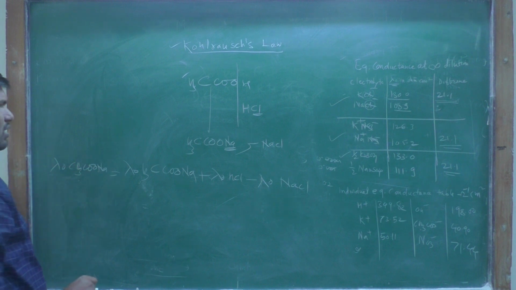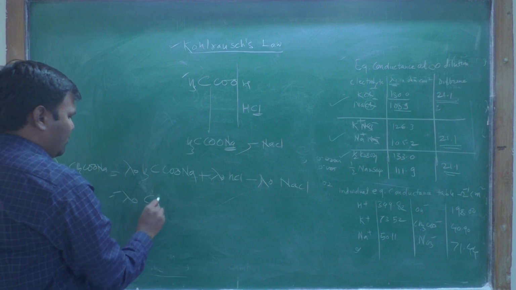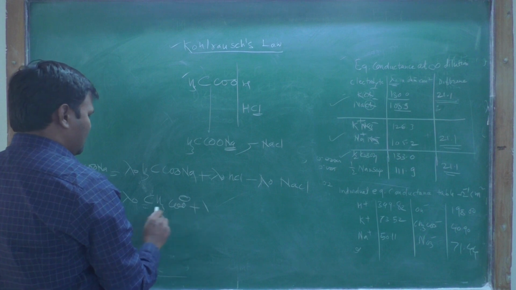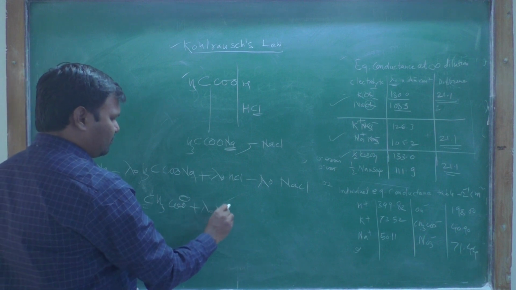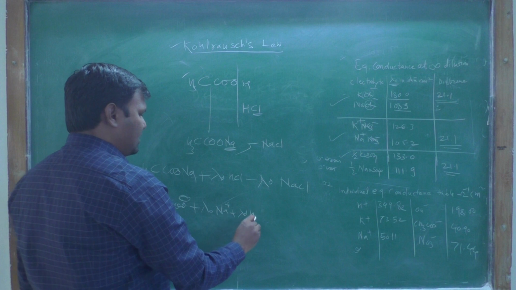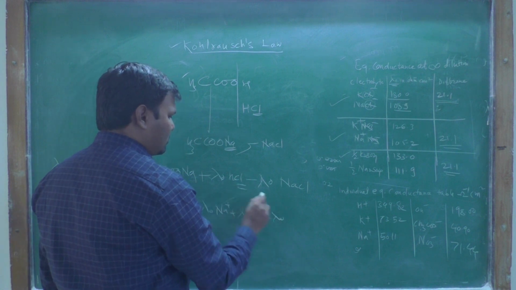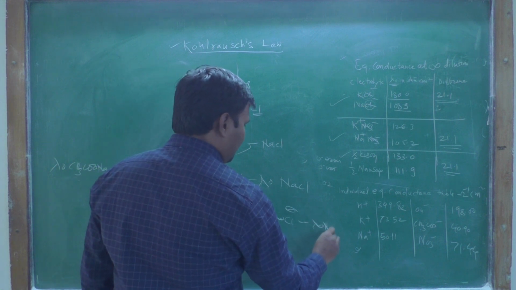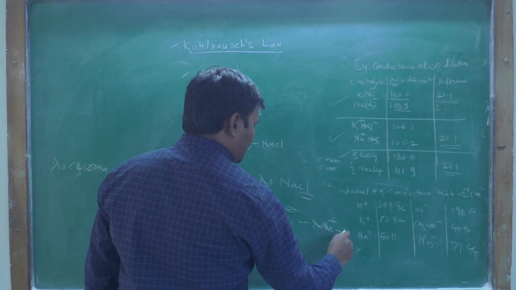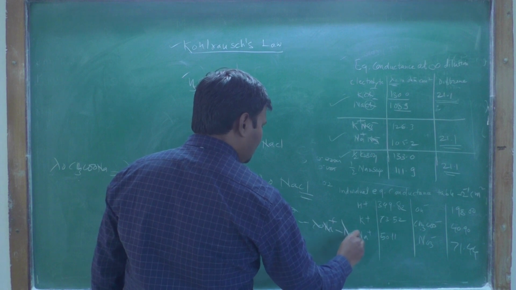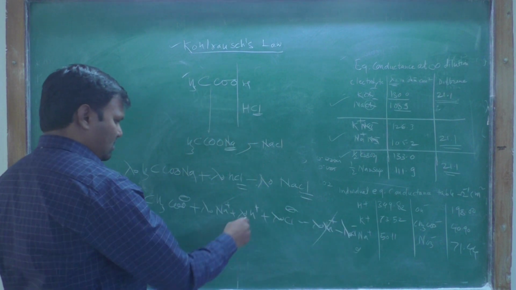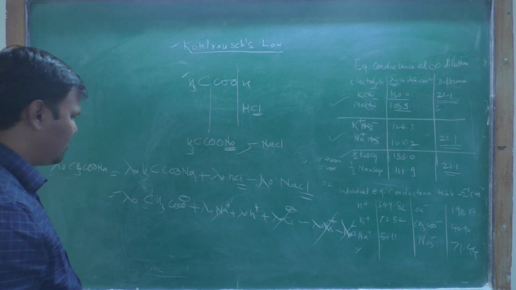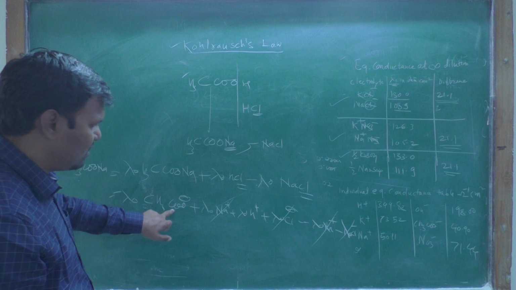Written out by separation: lambda 0 for CH3COO minus plus lambda 0 for Na plus, plus lambda 0 for H plus plus lambda 0 for Cl minus, minus lambda 0 for Na plus, minus lambda 0 for Cl minus. Na plus is cancelled and Cl minus is cancelled, leaving CH3COO minus and H plus.